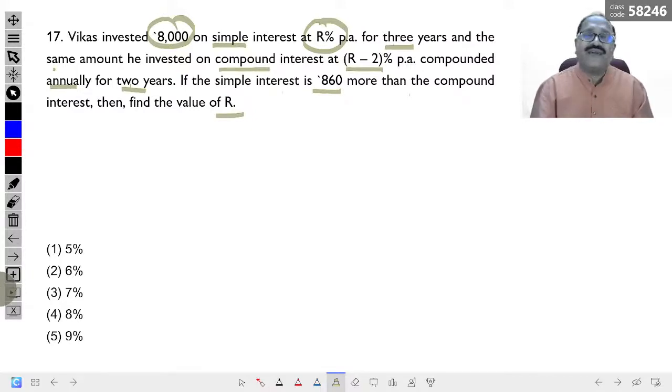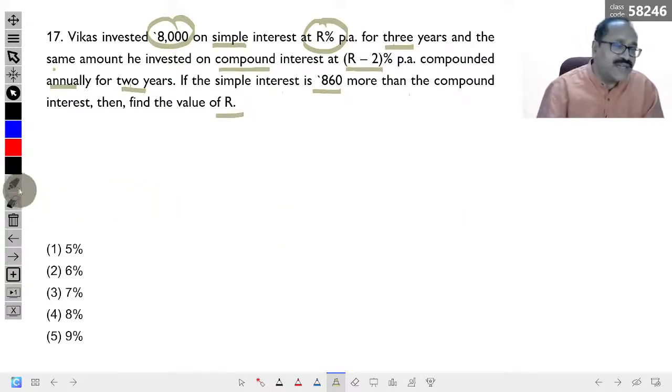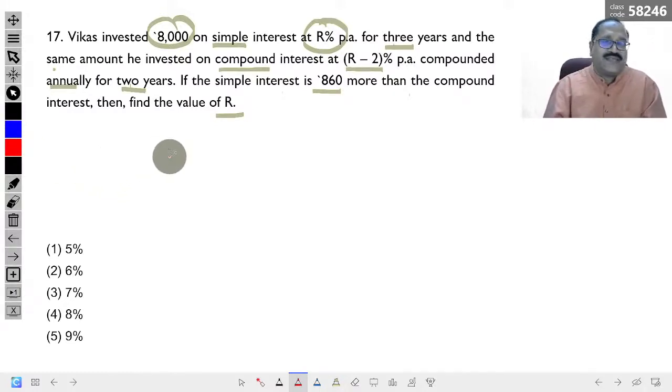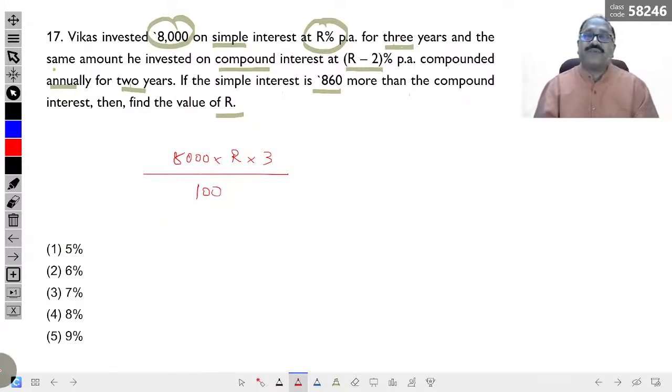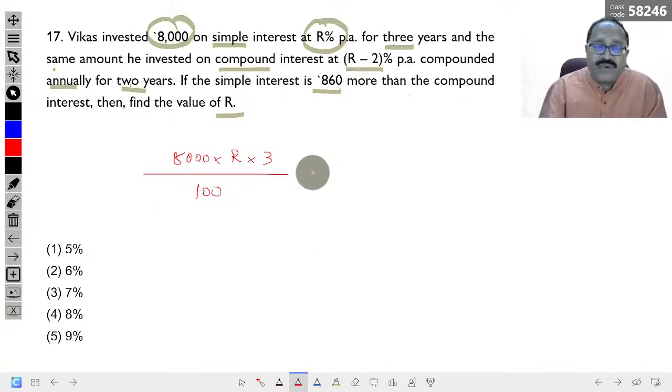Beautiful question. Exam में इसी तरह के questions थोड़े से आते हैं, which force you to think about how to answer it. Now, what is the simple interest? I'll be writing this as 8,000 into R into 3 years into 3 by 100. That's what the simple interest is. Minus compound interest.